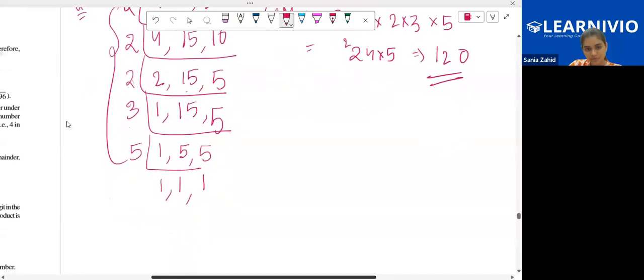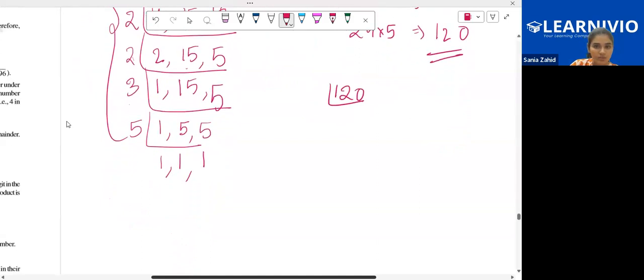What will I do for 120 now to convert it to a perfect square? Ma'am, you multiply it. You divide it. We have to do prime factorization for 120.